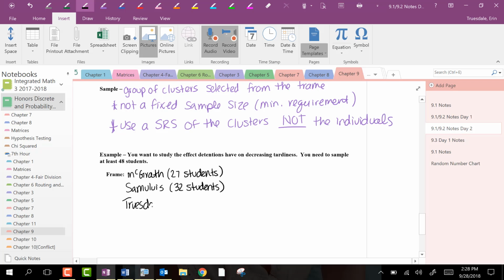Then we have 25. Lorick has 29 students. Waichert has 31 students.